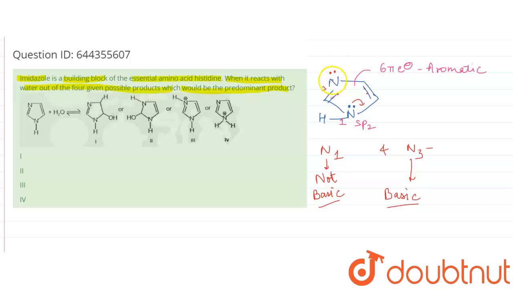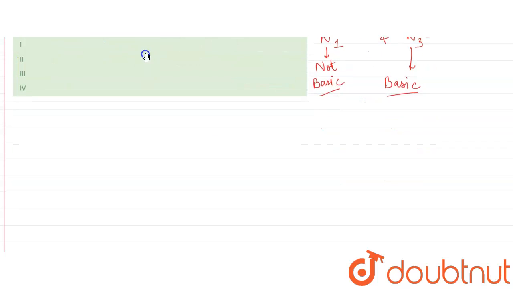Okay. So now, since we have come to a conclusion that N1 is not basic and N3 is basic, if N3 is basic, then it can donate its electrons to H2O. Let's write down the reaction quickly.